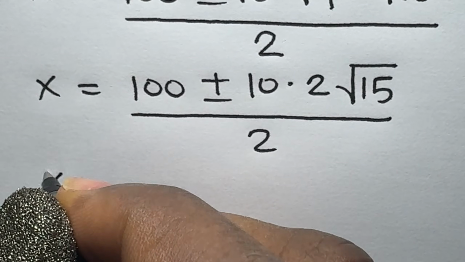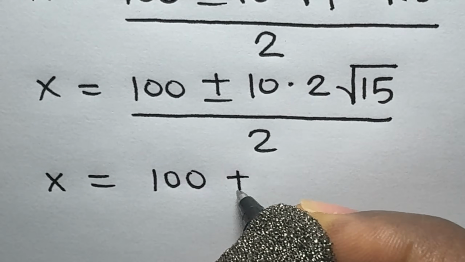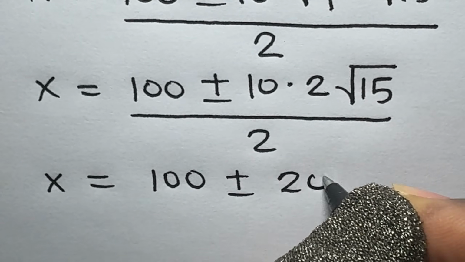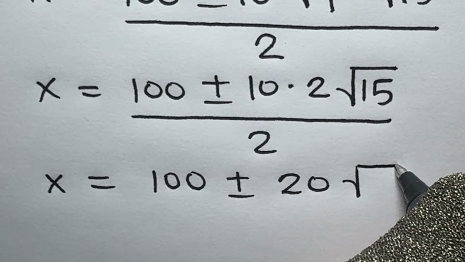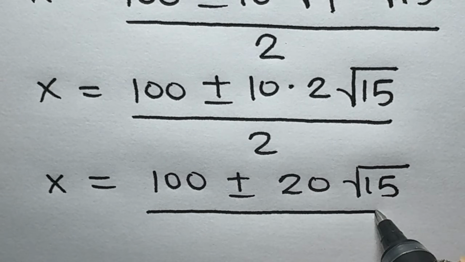So we have x is equal to 100 plus or minus 20 root 15 divided by 2.